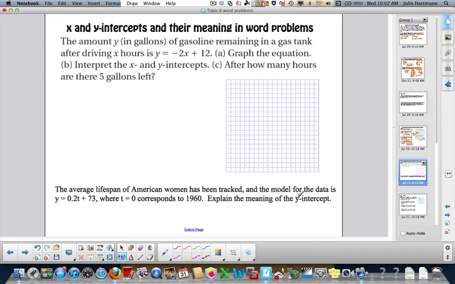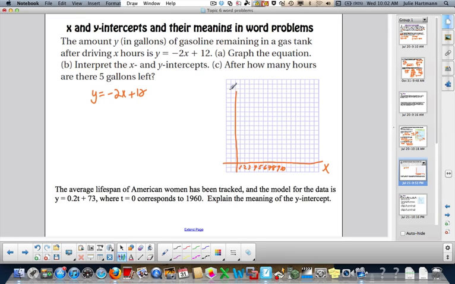The amount Y in gallons of gasoline remaining in a gas tank after driving X hours is given by Y equals negative 2X plus 12. Graph the equation. So, let's look at a graph. 1, 2, 3, 4, 5, 6.